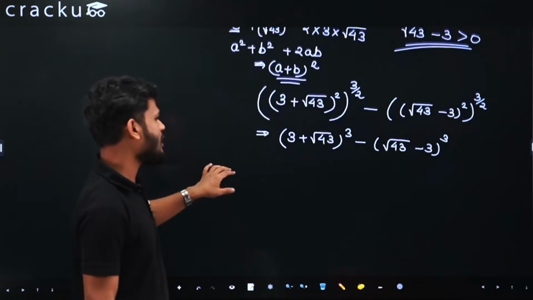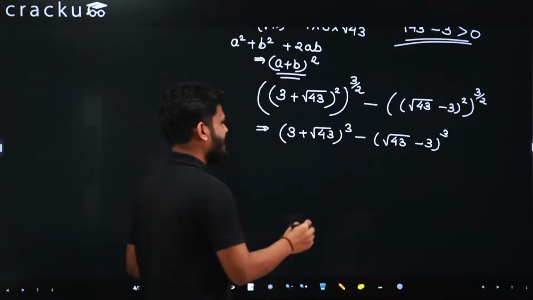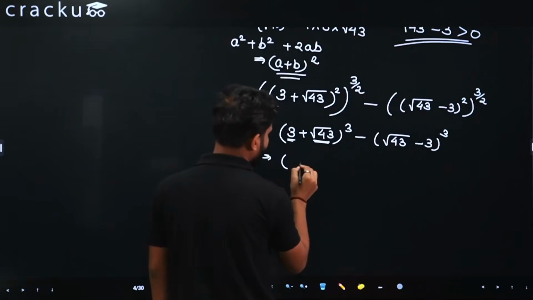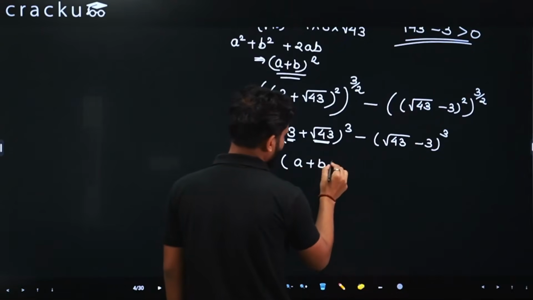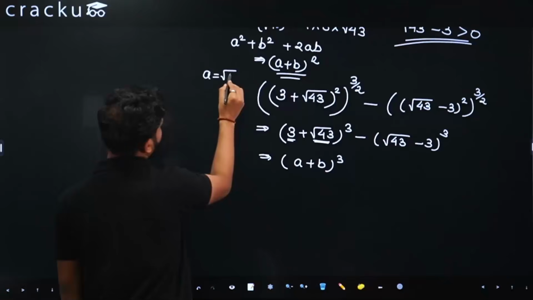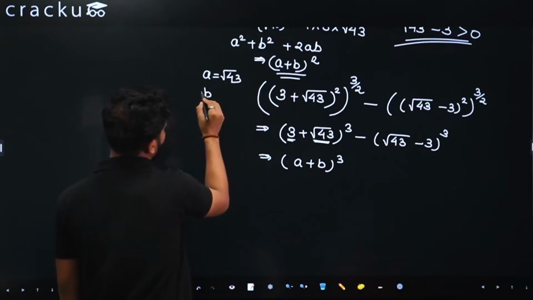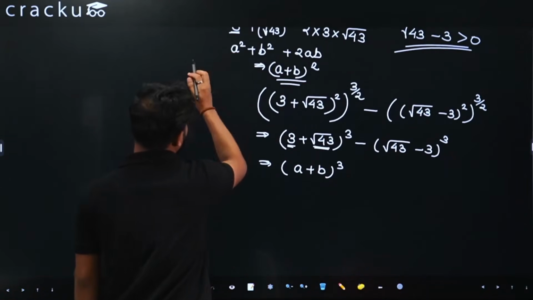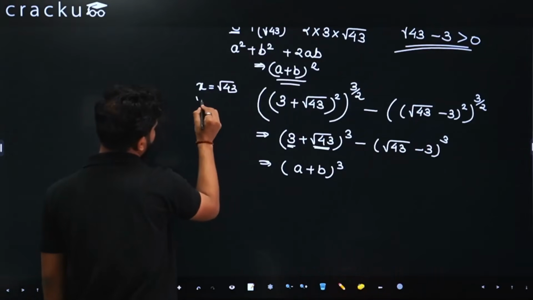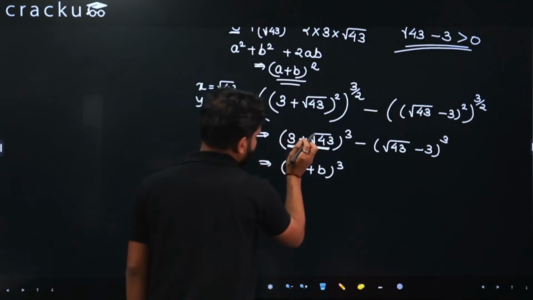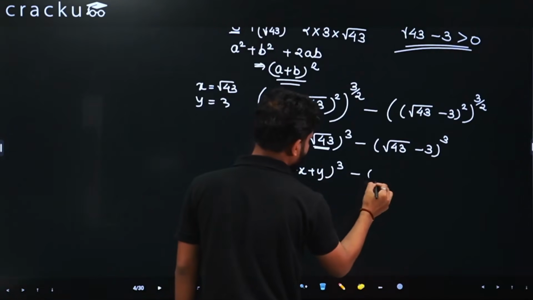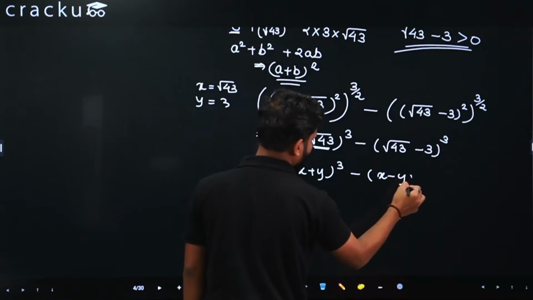Right? Now how do you solve further? So let us say X is under root 43 and Y is 3. So this will be X plus Y cube minus X minus Y cube.